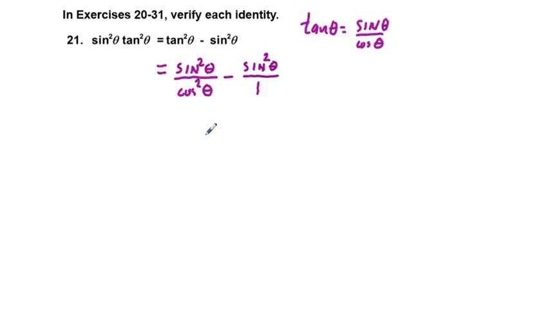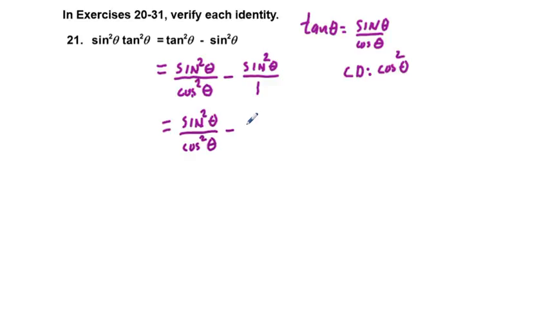Now, why am I doing this? I'm doing this to demonstrate that we're going to get a common denominator between these two fractions, putting them in equal position. Our common denominator is going to be cosine squared theta. On the left side, we have sine squared theta over cosine squared theta, so we didn't have to do anything with this first fraction.